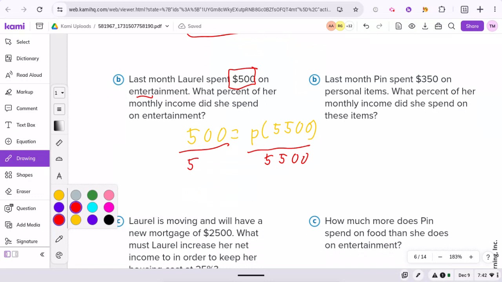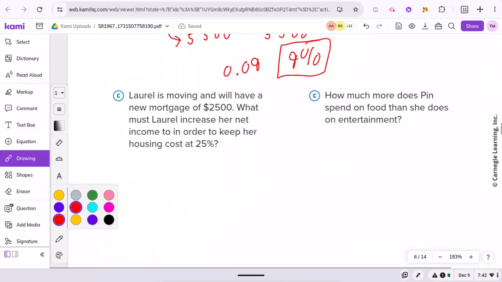So you want to know what percent is 500 of the total income of 5,500. So you would do 500 divided by 5,500. And for this one, you can round it to about 0.09, which would turn out to be 9%.